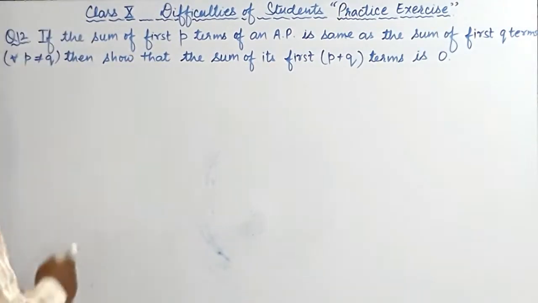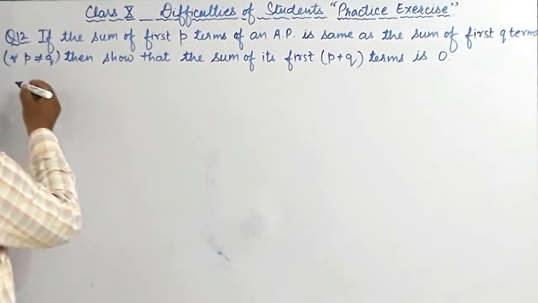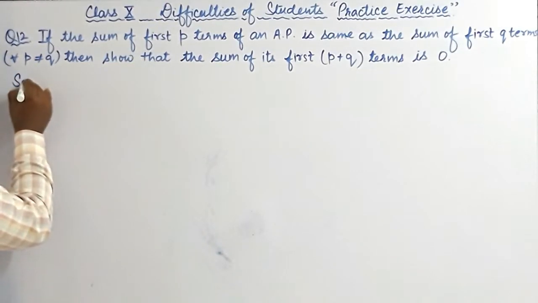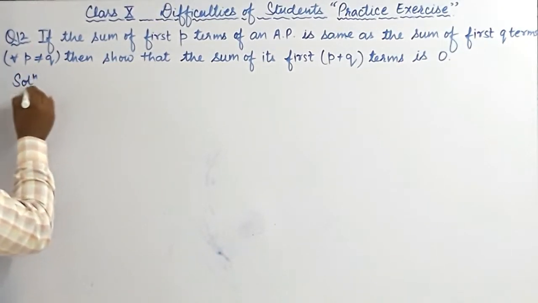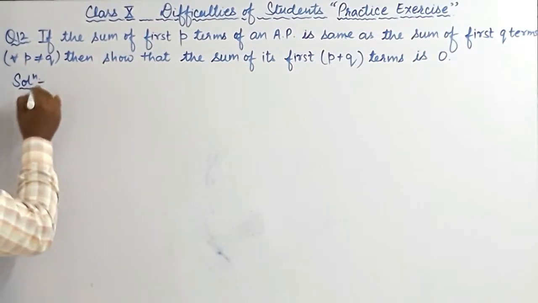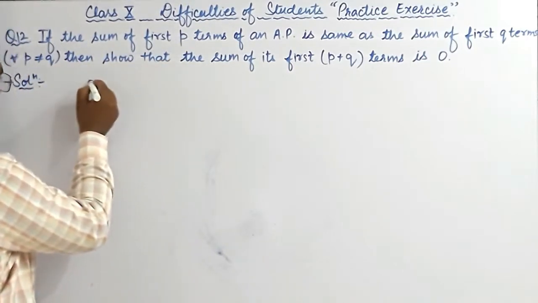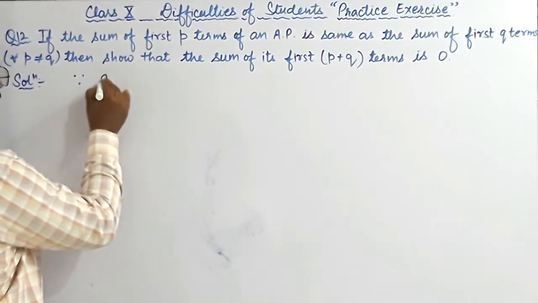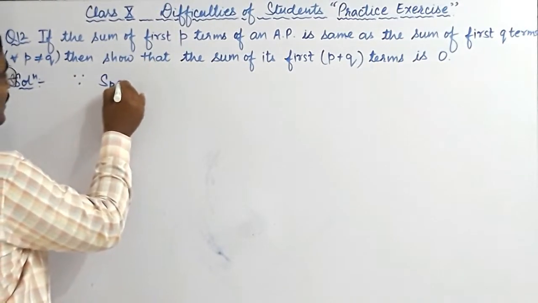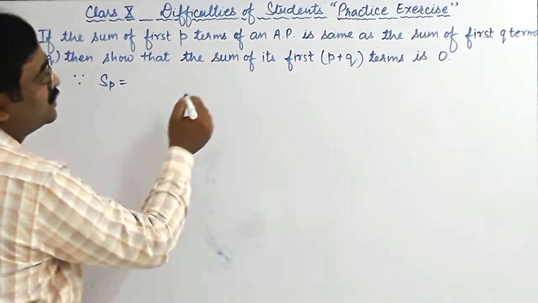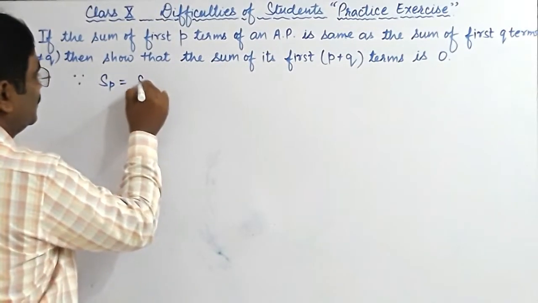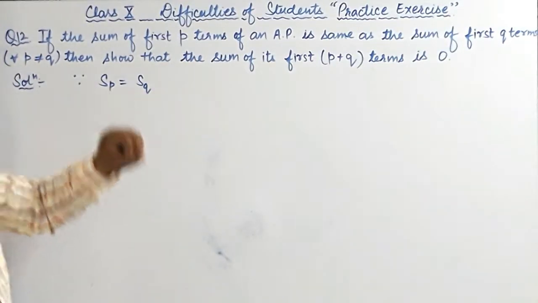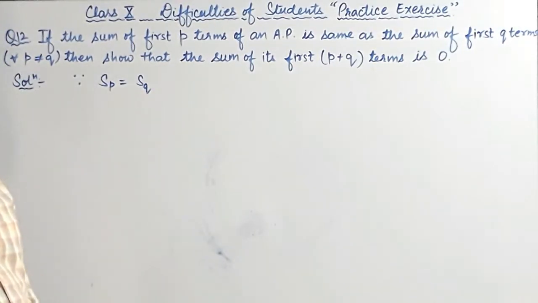So according to the given information, the sum of first p terms equals the sum of its first q terms, which means SP is equal to SQ. You should understand this.